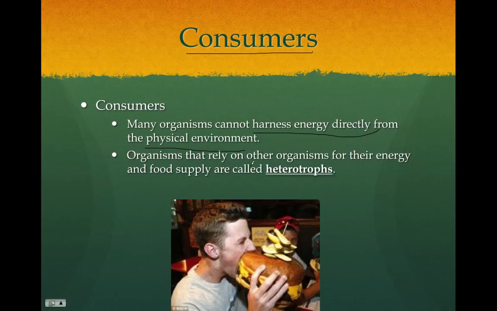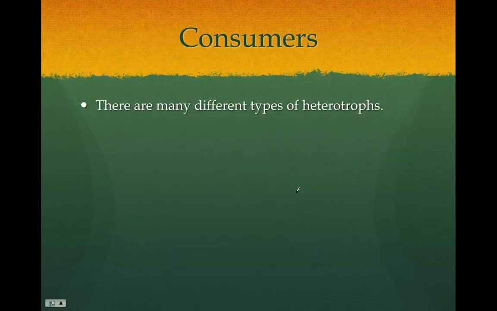We rely on other organisms in order to get our energy and our food supply. And what we call this is heterotrophs. This is synonymous with consumers. So here we have a heterotroph eating this giant hamburger, which I'm wondering if he ever finished. So heterotrophs are also called consumers.